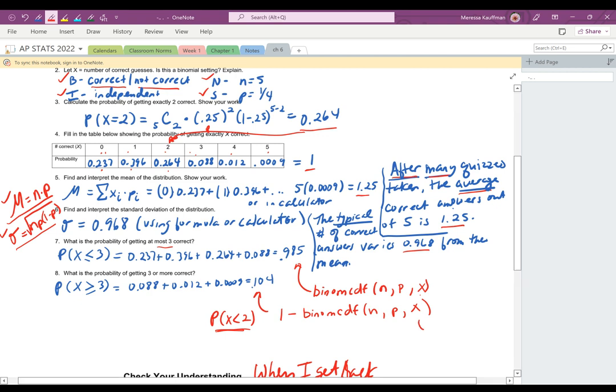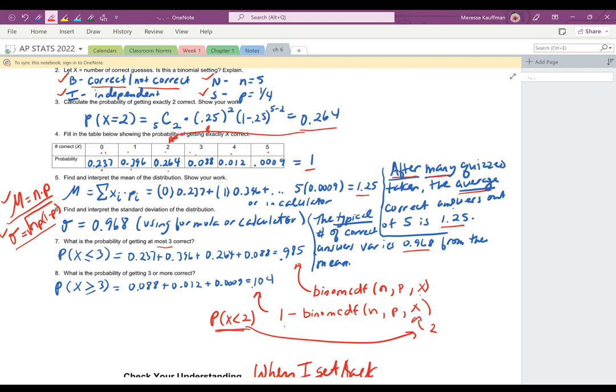So right in here, our x value actually becomes 2 because we want the rest of them. We want the ones that go from 2 or less to calculate that 3 or more. So once we know what that value is for x, we can put it in the binomial CDF. And once we get the number, we will subtract it from 1, and that will give us our 0.104.